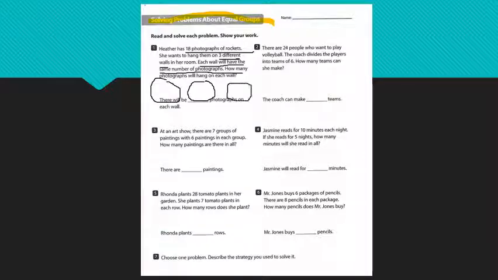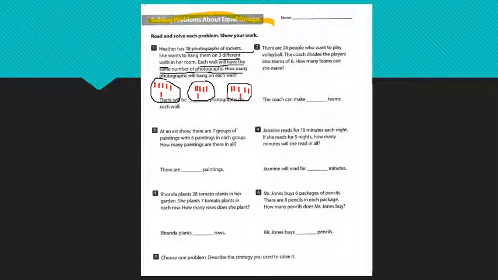And I'm going to put 1 photograph or 1 tally mark in each group until I get all the way up to 18, like dealing cards. 1, 2, 3, 4, 5, 6, 7, 8, 9, 10, 11, 12, 13, 14, 15, 16, 17, 18.